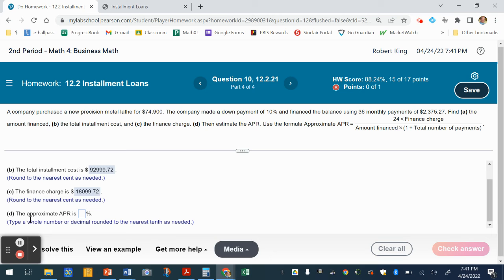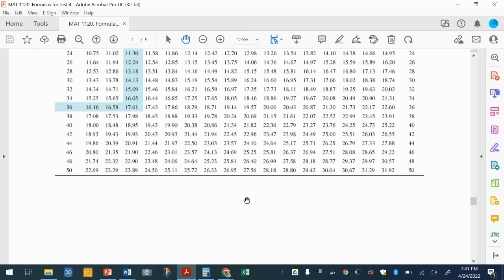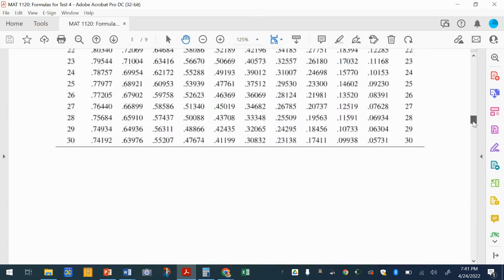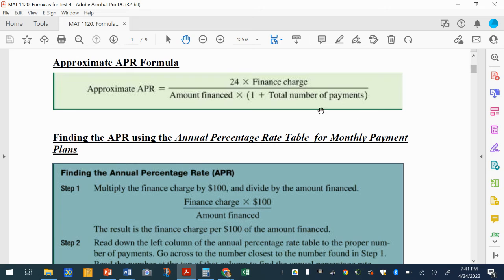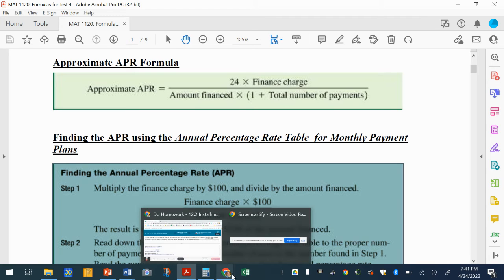Now we want the approximate APR. Remember the approximate APR. So on your handout that I gave you with all your tables, it's got the two formulas there on the front page. So we're using the 24 times the finance charge divided by amount financed times 1 plus the total payments.